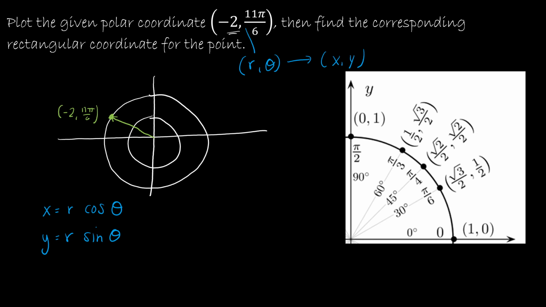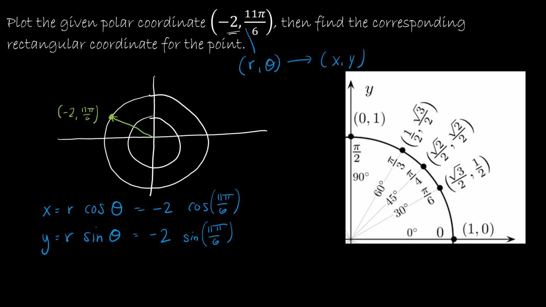So really, I'm taking r, which is -2, and then cosine of 11 pi over 6, and sine of 11 pi over 6.